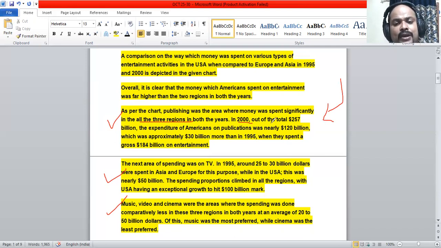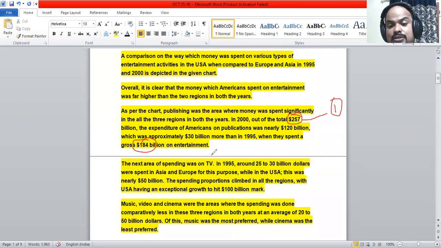In 2000, out of this proportion of money, Americans spent nearly 120 billion on publishing, 30 billion more than in 1995. So you can see this here. The total money spent by the Americans on entertainment in both the years is given there.